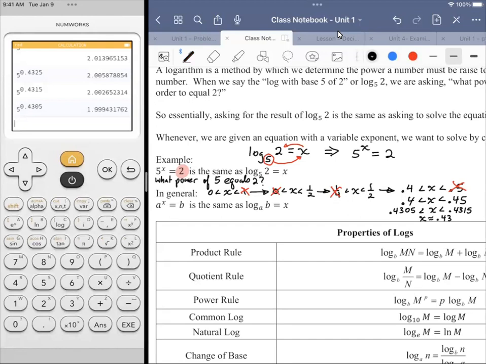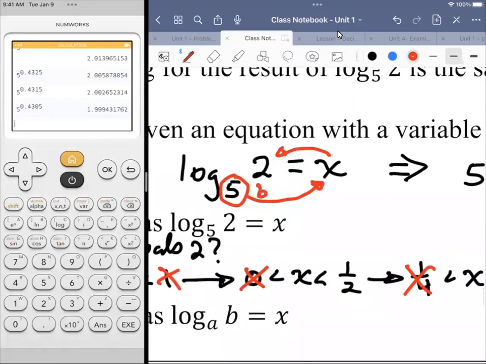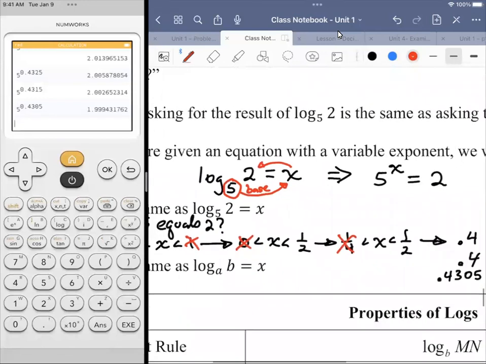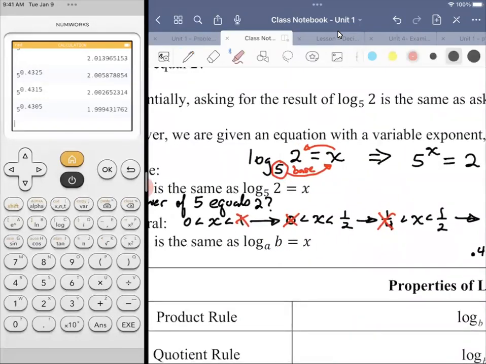So in a logarithm, the subscript there is known as the base. All right, so this is my base. The base of a logarithm is always going to be the same as the base of the corresponding exponential.